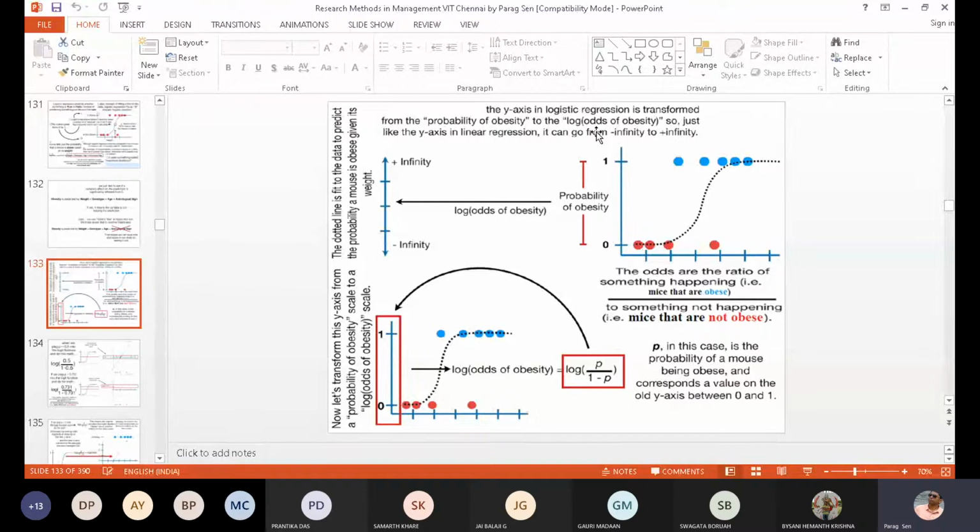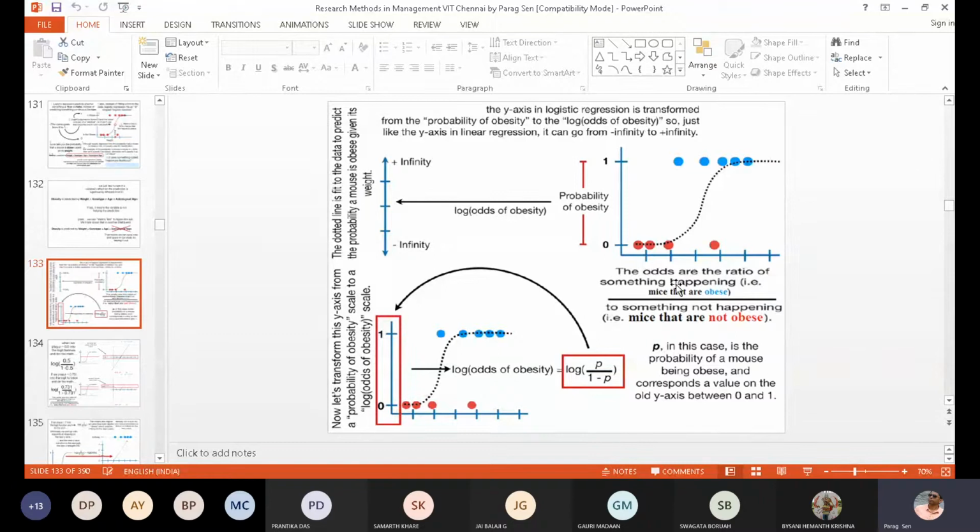Okay, so let's see what will happen. Also you can see that the dotted line is fit to the data to predict the probability a mouse is obese given the weight. So how is it given? It is given by the ratio of the odds. What is odds, you need to know.